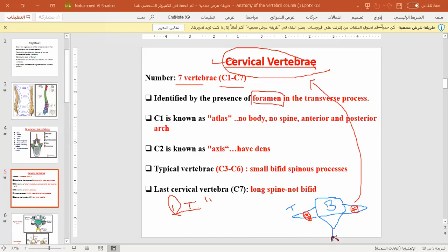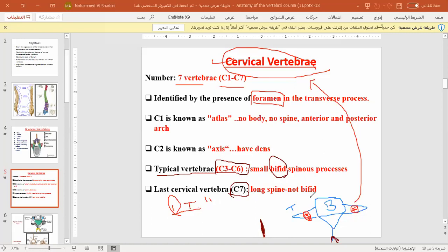If the spine is bifid like that, this is a typical cervical vertebra, from C3 up to C6. Why? The spine is bifid. If the spine is not bifid and is long, then this vertebra will be the last cervical vertebra, C7.